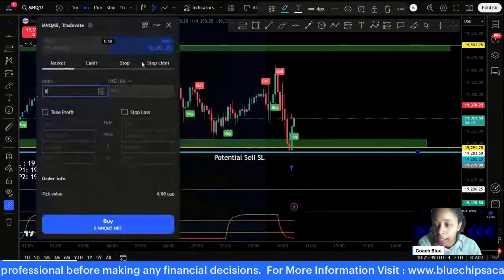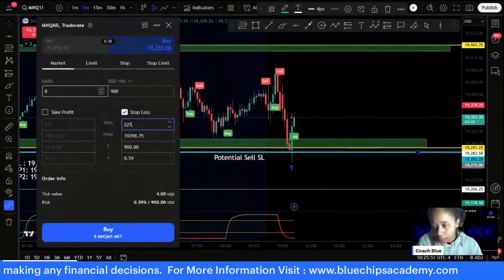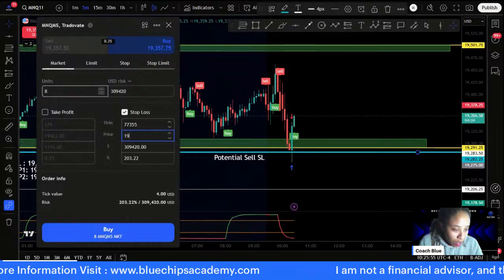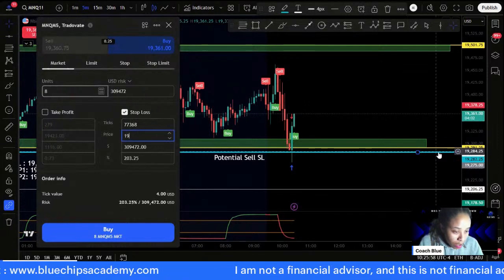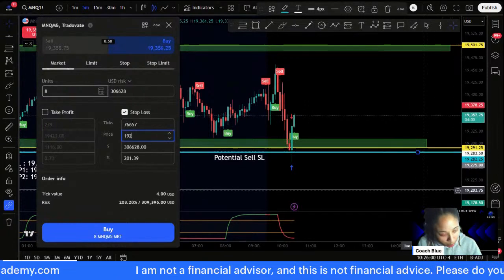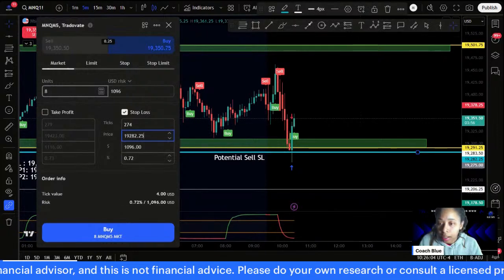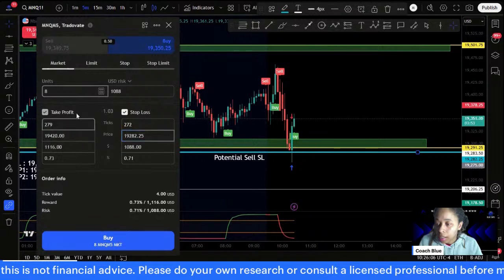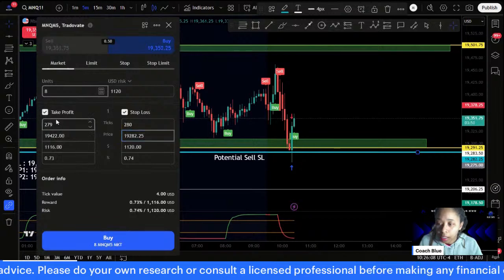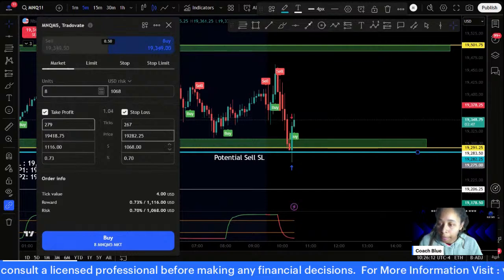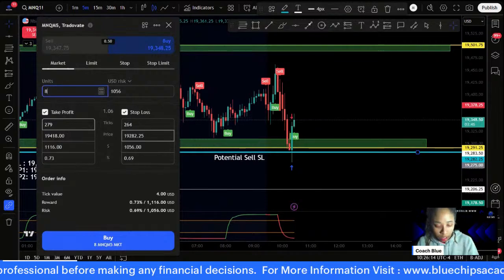So let me go ahead and type that in. Then take profit, I would adjust that once we get in, just based on where we are. But based on 8 contracts where we are, that would be too much.